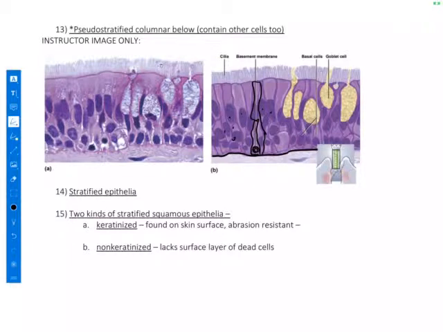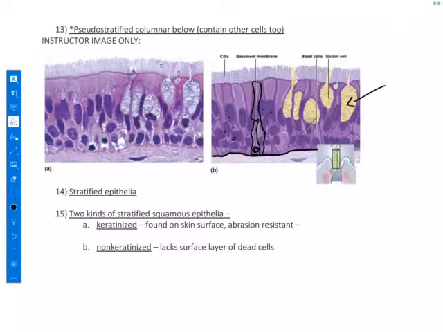Also, the cells often are ciliated, which move substances by the surface, and there are also goblet cells, those wine-shaped single-celled glands. Examples would be found in the respiratory tract and in parts of the male urethra, which would be in the penis.